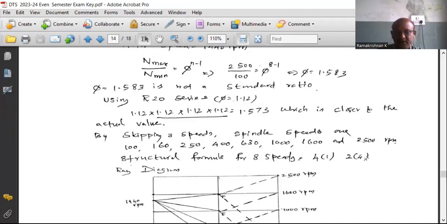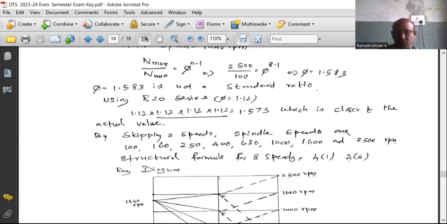Here within the bracket we have to put the number. Here the first stage is 4 into 1, so 4 multiplied by 1 is 4. You write the 4 here. Similarly, the structural formula can be rewritten as: the 8 is split up into 4 into 2. The 4 output speeds, by default the motor speed is the 1 input speed, 4 within bracket 1.